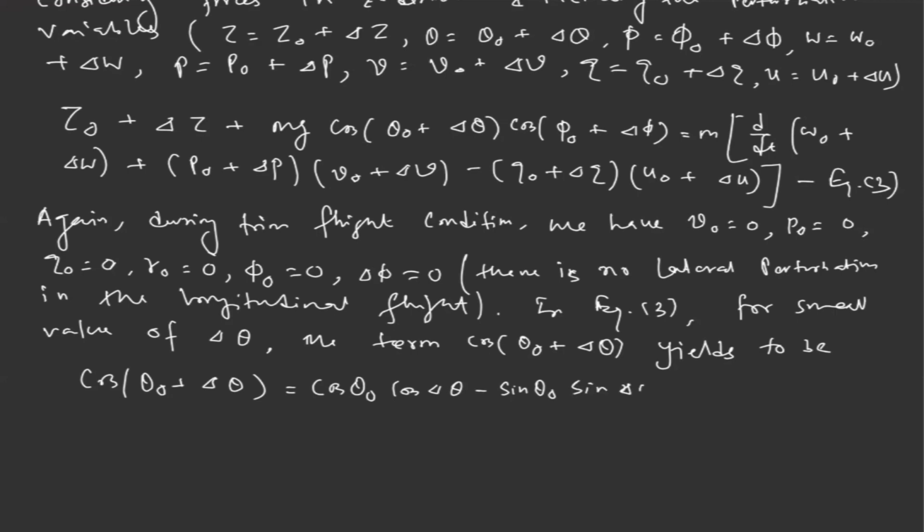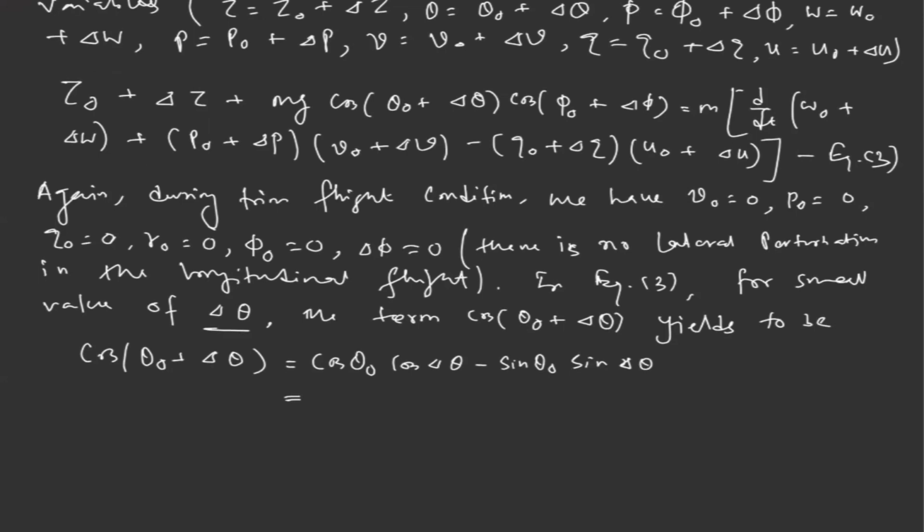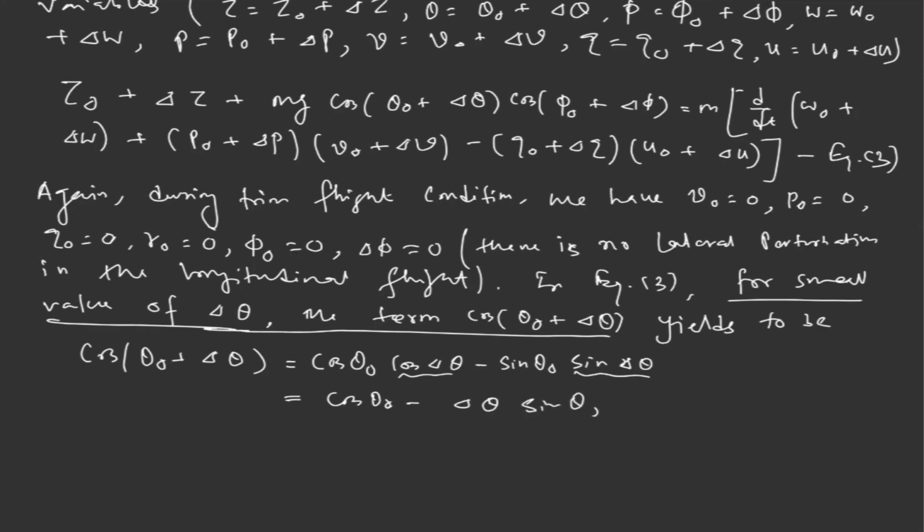And again, for this condition, cos del theta we can assume to be 1, and we can write sin del theta as del theta, and sin theta naught.